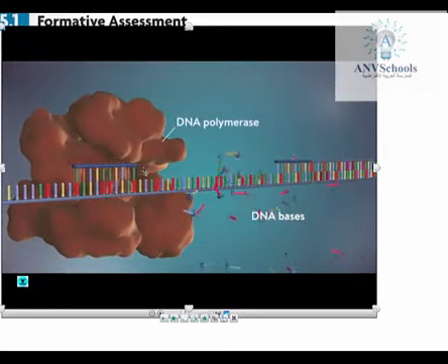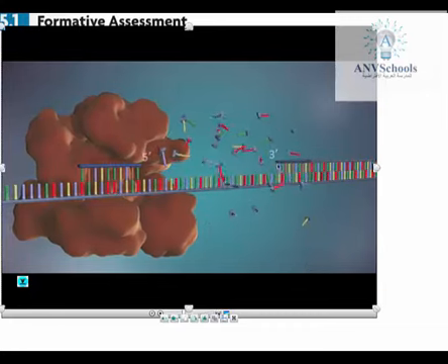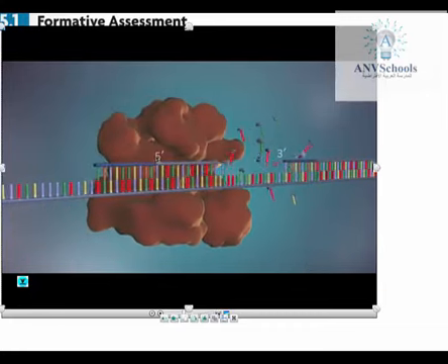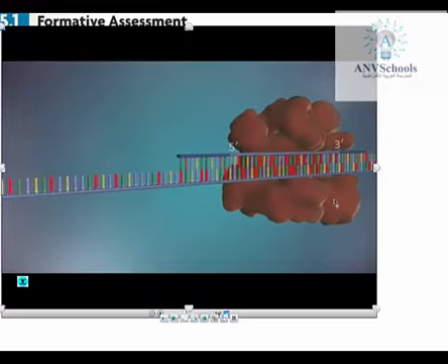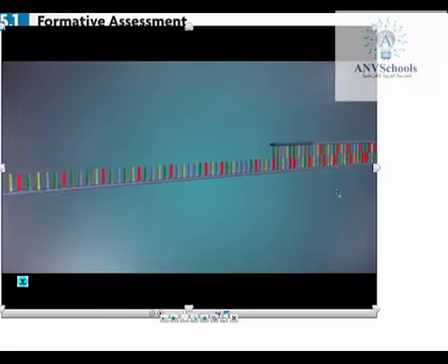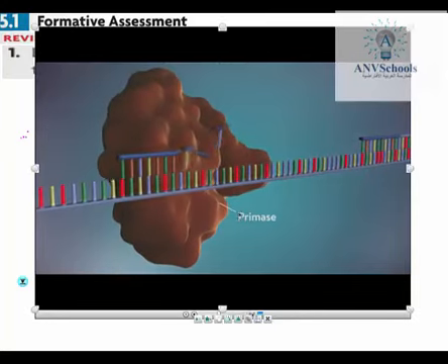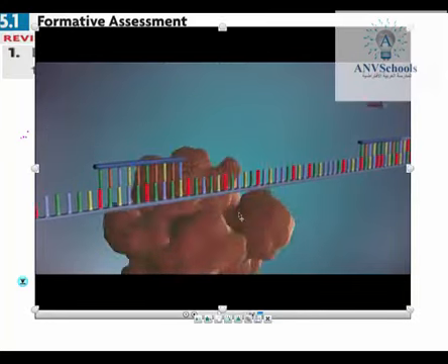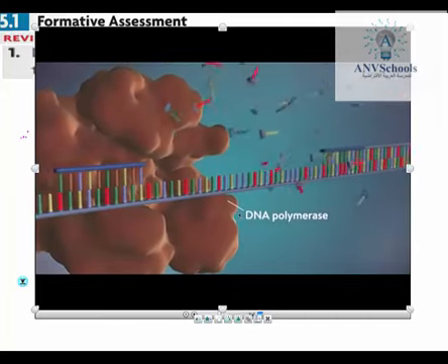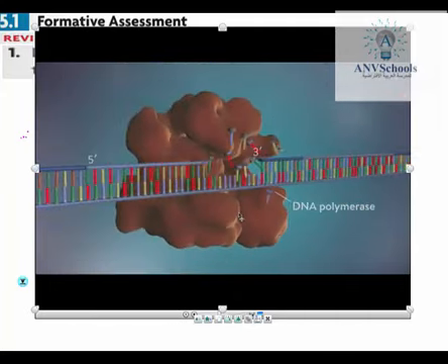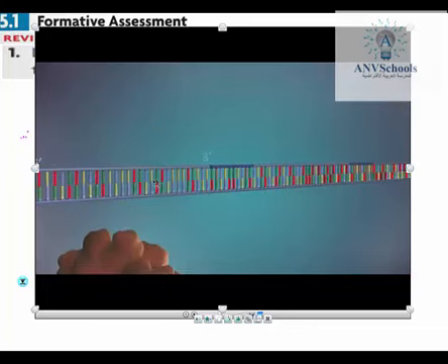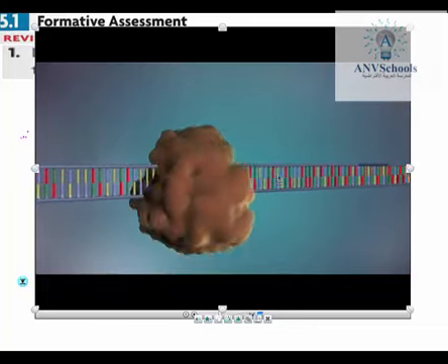So the DNA polymerase will put the bases from 5' to 3'. After that, DNA polymerase will organize the whole thing and fix the bases.